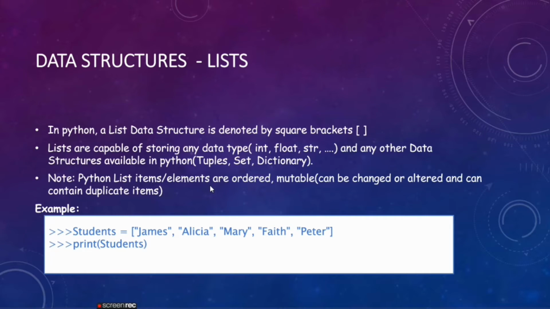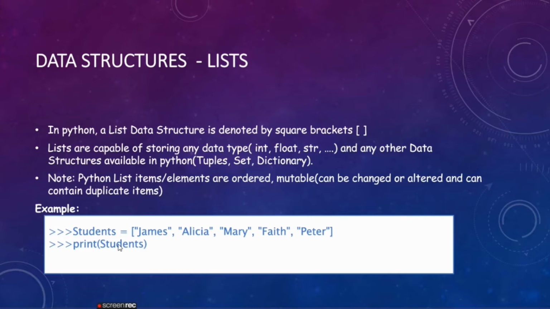But for now, we have to note that Python lists are ordered and they are mutable, that is, they can be changed at any time we want. There is no restriction on changing an element. If we feel like we want to change an element, we can change it.